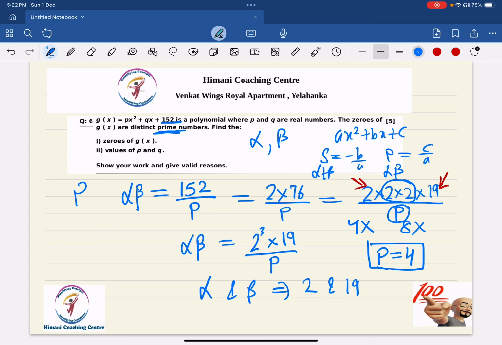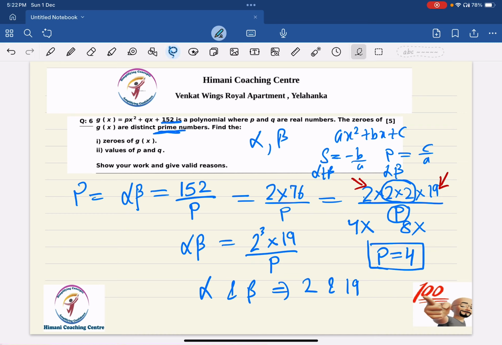We are finding the product of the roots, figuring out the factorization of 152 and going back to the question, checking the prime numbers condition and telling that it is either 2 or 19. These are the roots. So what would be the value of p? Because if alpha beta is the product, then p should be able to divide 4 completely. Hence p is equal to 4.